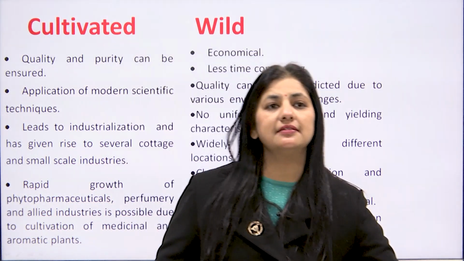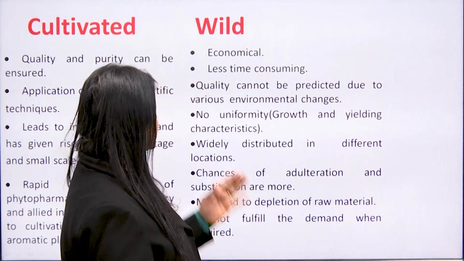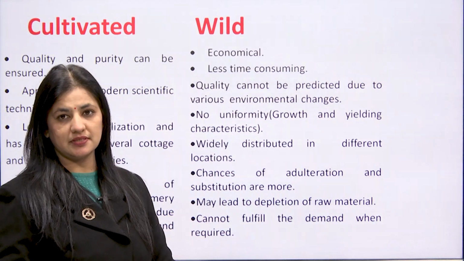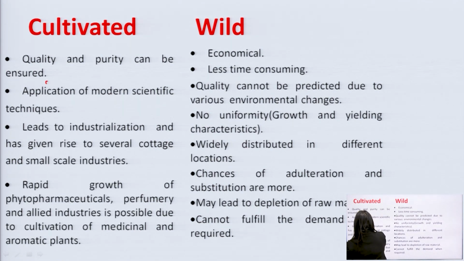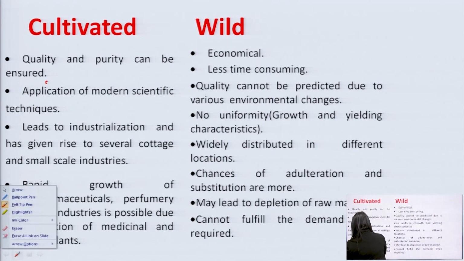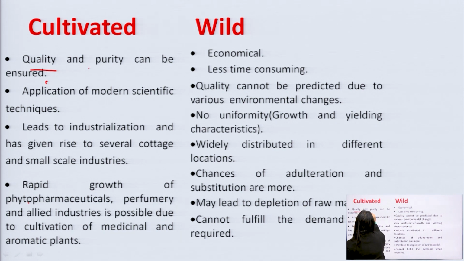So let us understand the difference between cultivated sources and the wild sources. Cultivated sources, here we can ensure the quality and the purity of the product. Since we are growing these sources, we are providing them essential nutrients, we are taking control of the pest, we are taking care of everything, we are nurturing them.